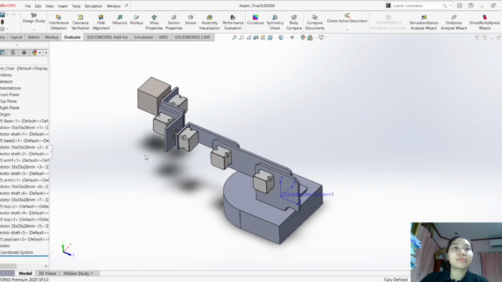And for this design, we use it to calculate the required torque and to calculate force analysis.